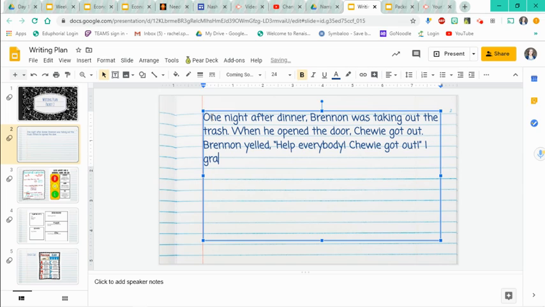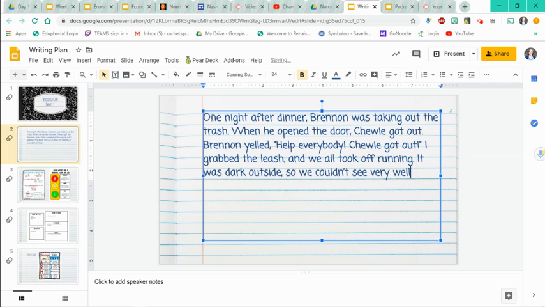I grabbed the leash, and we all took off running. It was dark outside, so we couldn't see very well.